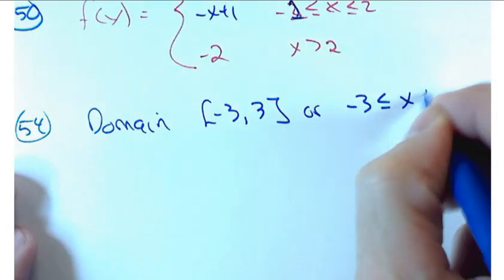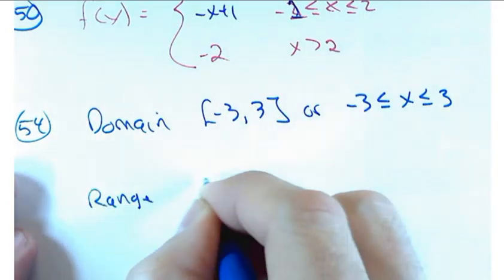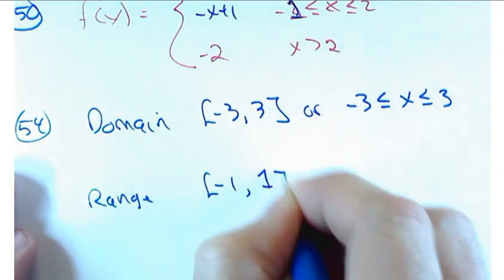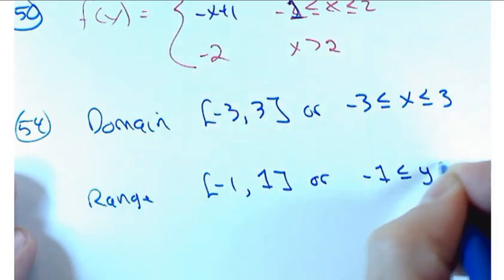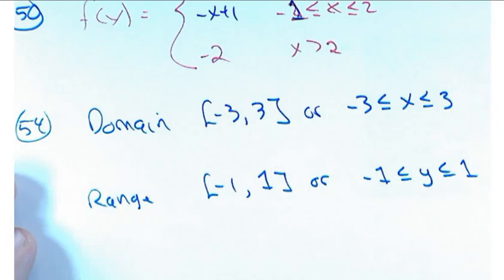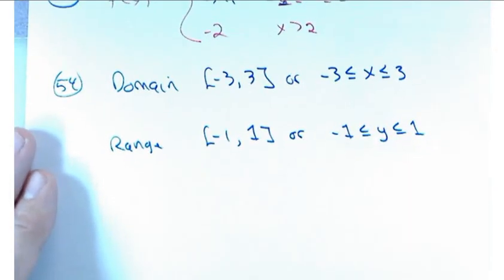The range is somewhat similar. Negative 1 to 1, or negative 1 is less than or equal to y less than or equal to 1. The domain is always going to be your x coordinates. The range is going to be your y coordinates.